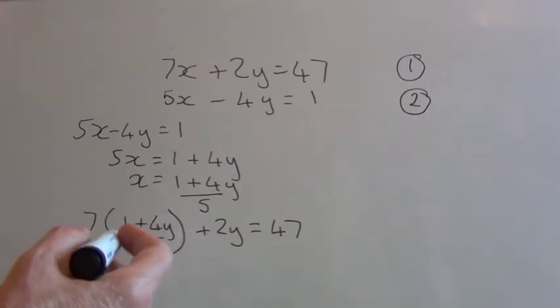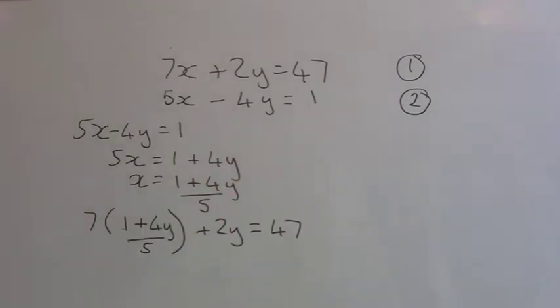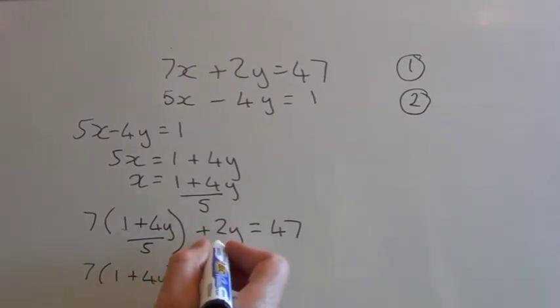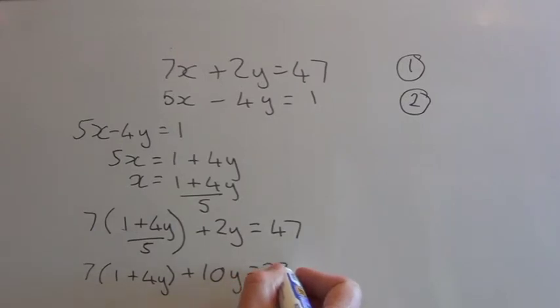So to simplify this, we need to multiply through by 5 to eliminate this 5. So we end up with 7 times (1 plus 4y) plus 10y equals 235.